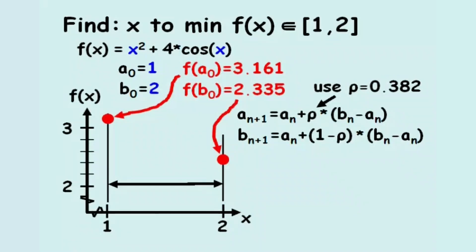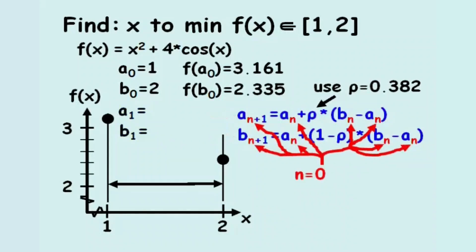Next, we'll define two new values on the x-axis, a1 and b1, which we will calculate using the functions for a n plus 1 and b n plus 1. For this case, we'll substitute in n equals 0.